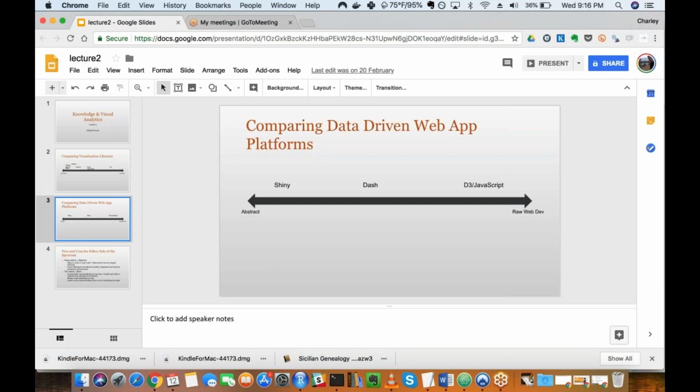So it's a trade-off, ease of use versus power. Whereas with D3, you have the power to do anything that you can do in JavaScript, so you have that real low level power.